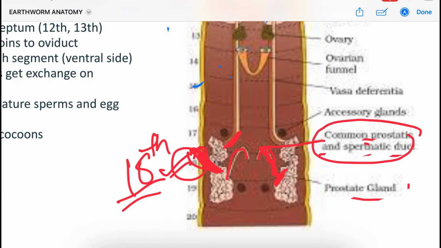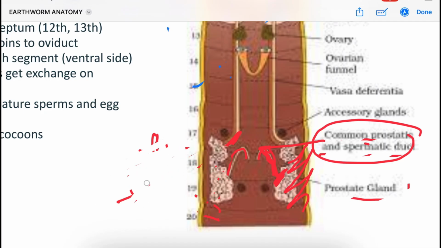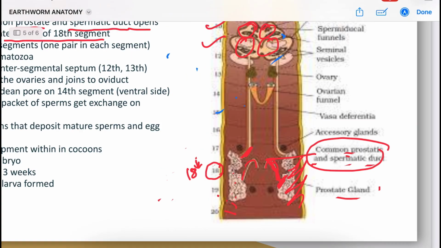It is present on the ventral side, meaning front, and on the lateral sides, on the 18th segment.